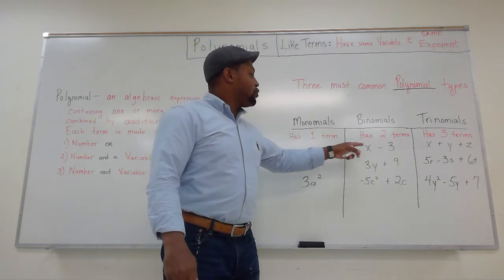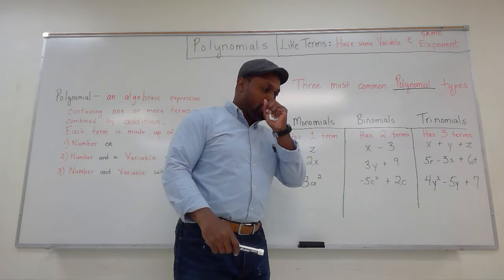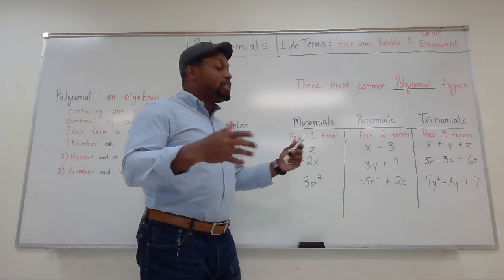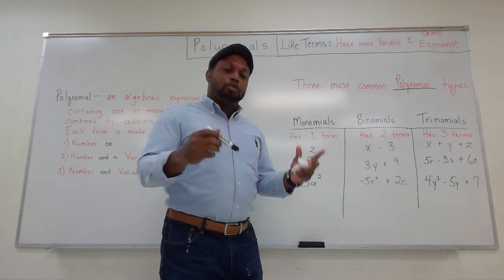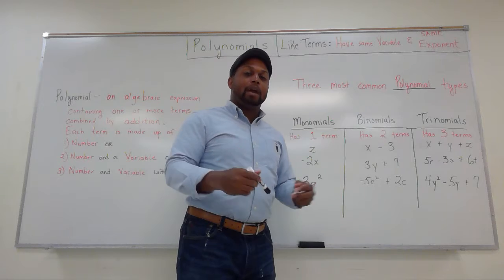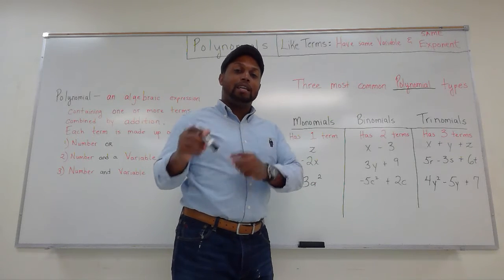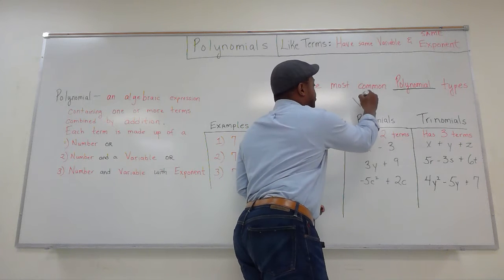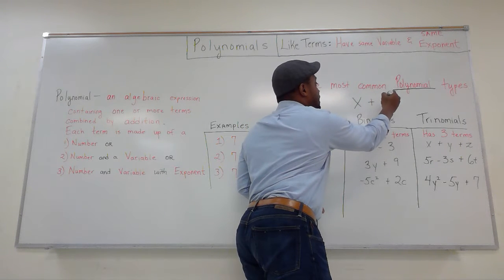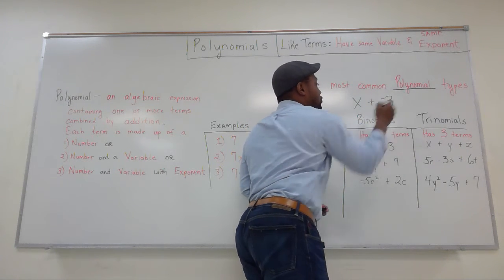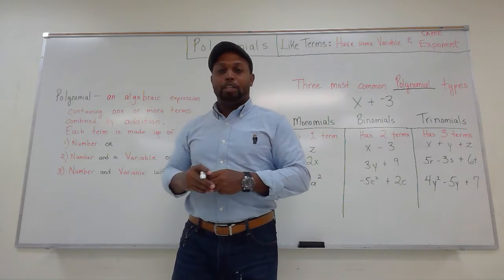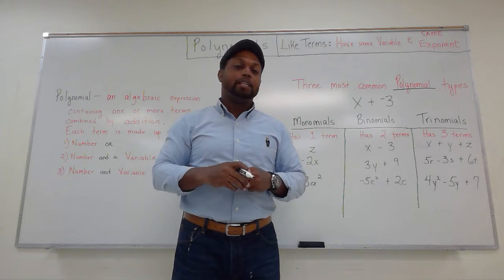But what we have here is subtraction. So, just as a reminder, subtraction is the same as plus a negative. So this could be written x plus a negative 3. And that covers the definition here saying they are combined by addition.